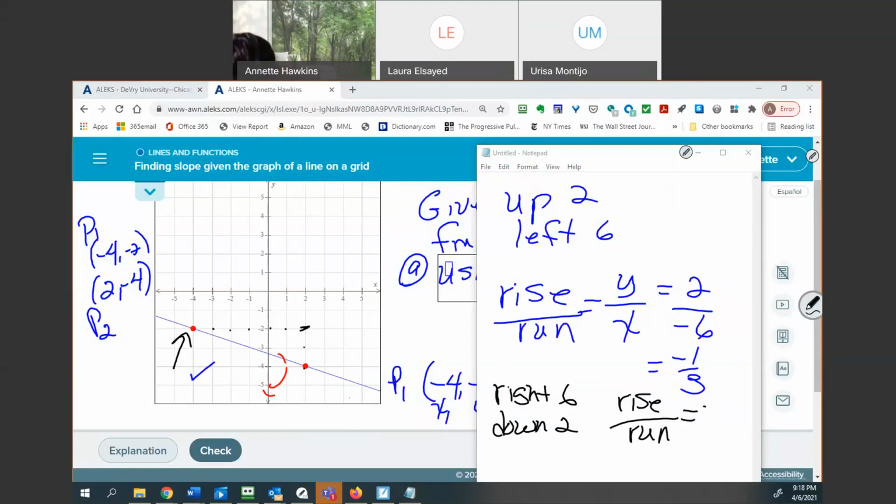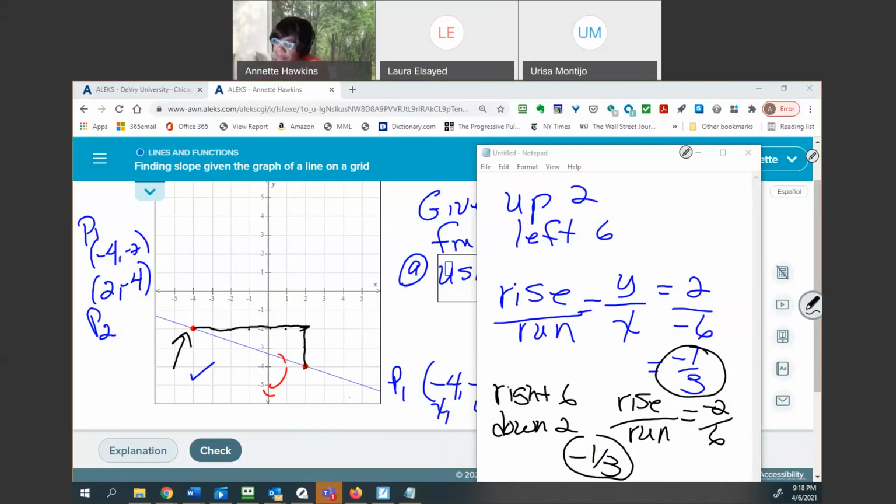That's a negative 2. I went right 6. That's a positive 6. So I still get negative 1/3. It doesn't matter which way you do it, you still get the same thing. We did it algebraically, and then we did it using geometry, and we still got the same thing. Notice when you do it algebraically, you get these stair steps. Any questions about that?